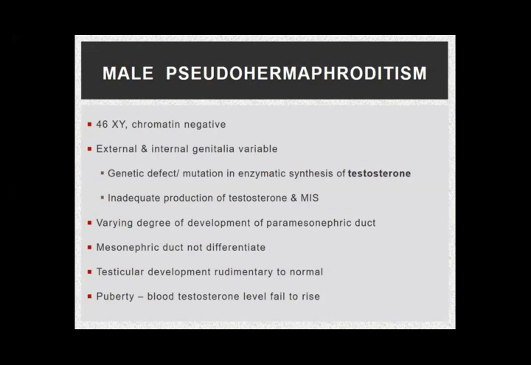When the level of Mullerian inhibiting substance is inadequate, the paramesonephric duct undergoes variable degree of development. जबकि mesonephric duct जो है, since testosterone की level कम है, testosterone acts on the mesonephric duct. जब उसकी testosterone की level कम होगी, the mesonephric duct will not differentiate well.